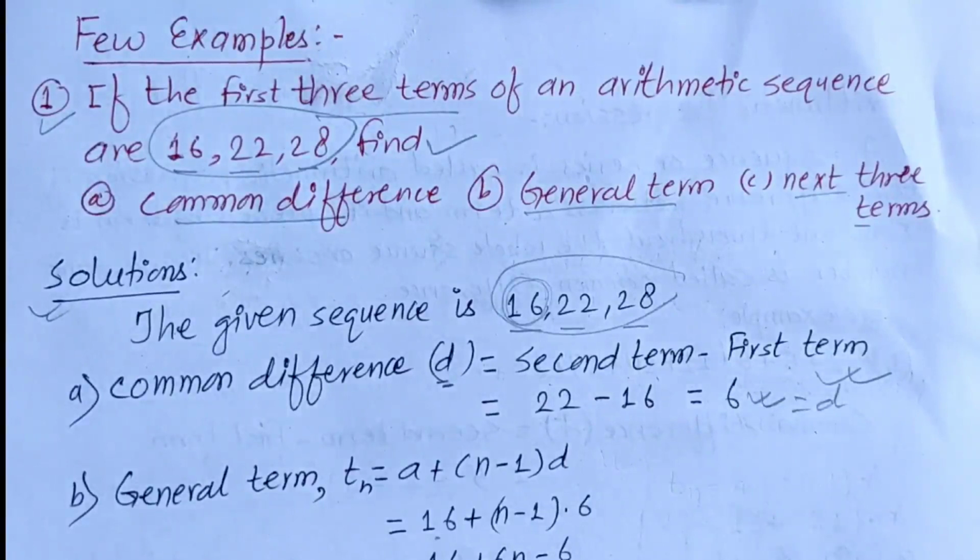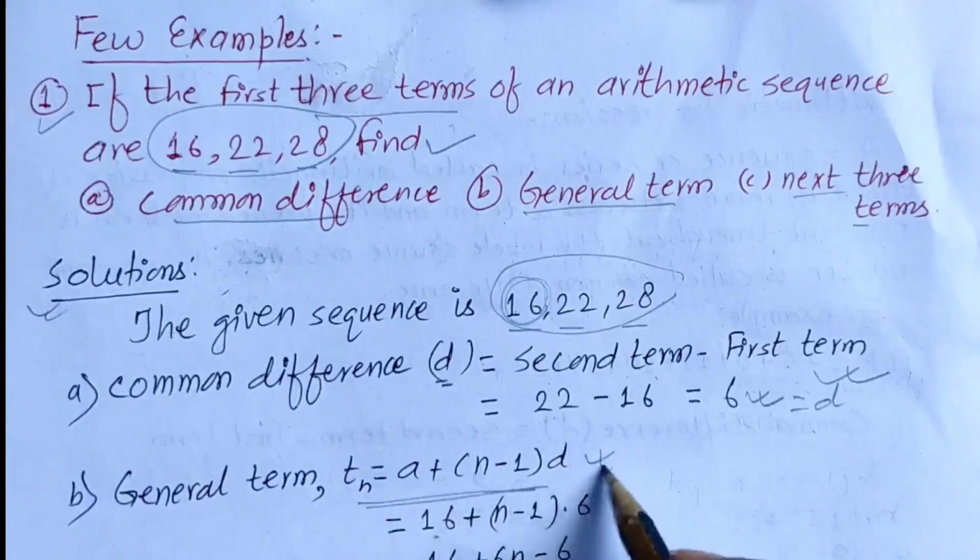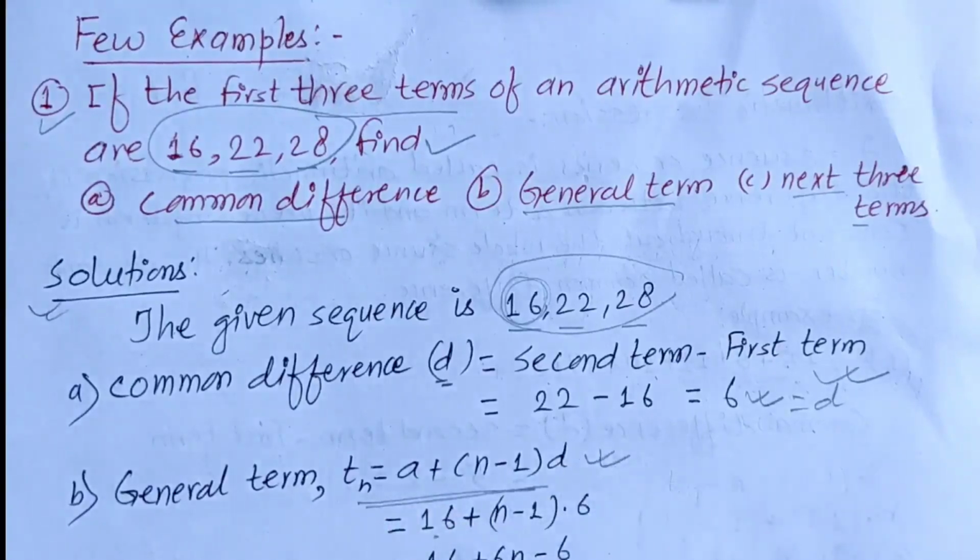And the general term can be obtained by the formula Tn is equal to a plus n minus 1 d. This is the formula to derive the general term.